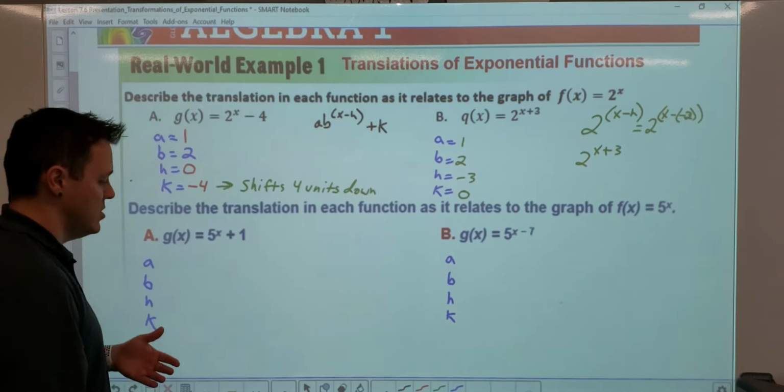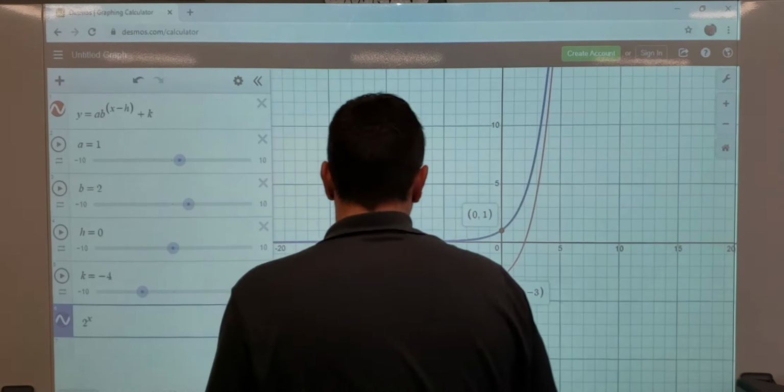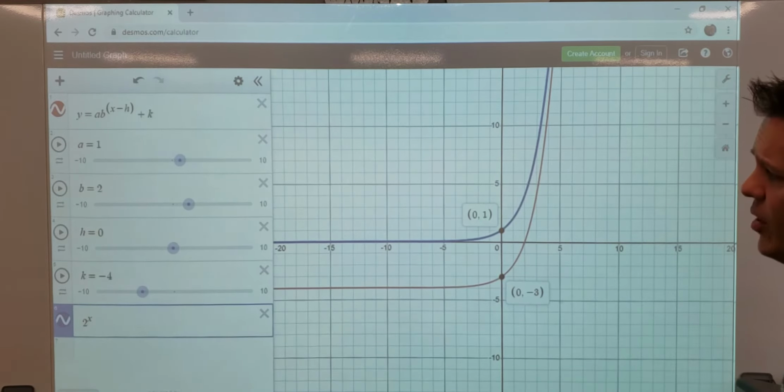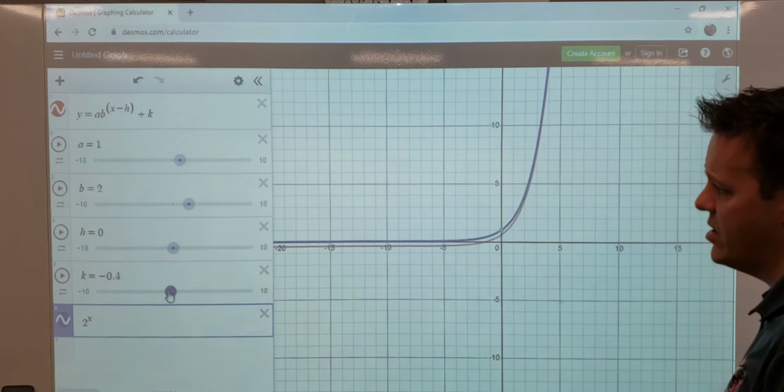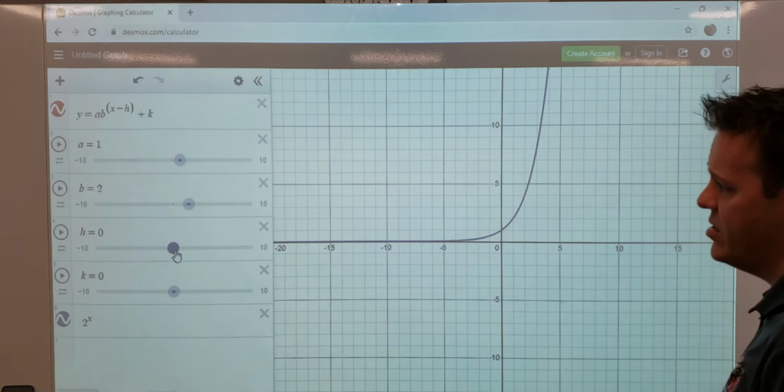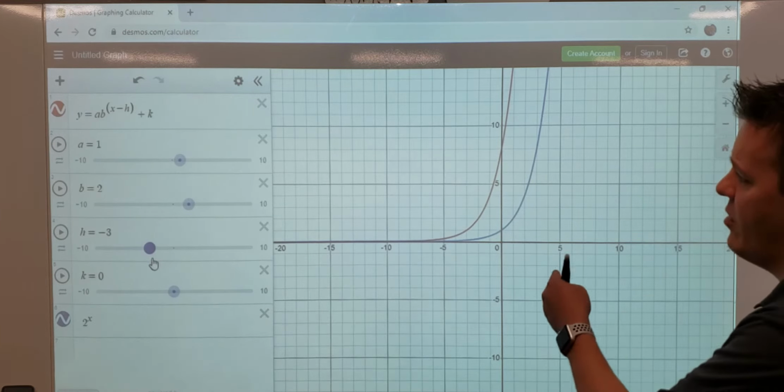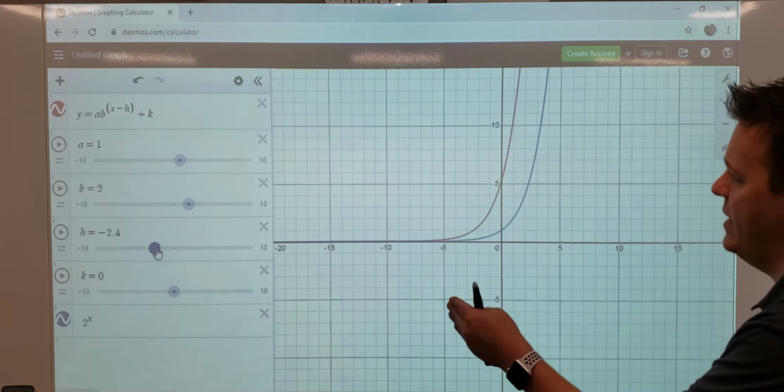And so what you would do is go into Desmos again, and let's shift it. So I'm going to go on this formula here, I can find my mouse, return the k back to 0, because that's what it is. But now I've changed the h to negative 3. And you can see as I move it, the graph is going to the left.